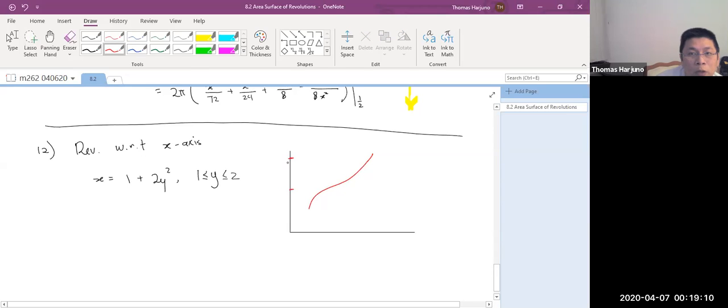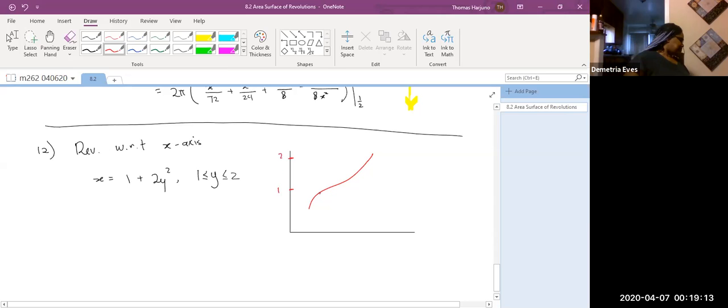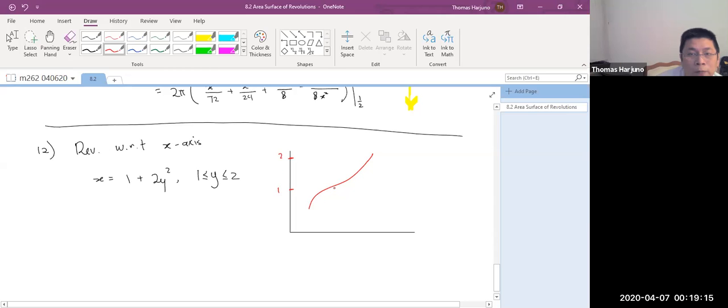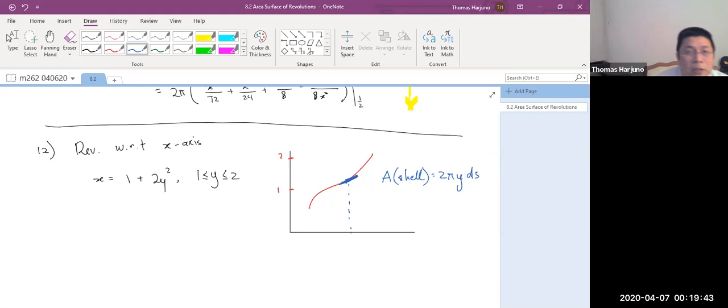The y is from 1 to 2, but we will revolve that with respect to the x-axis. So the area of the shell will be 2 pi y ds. However, the domain of integration later on will be in terms of y. Now you figure out how to set it up.